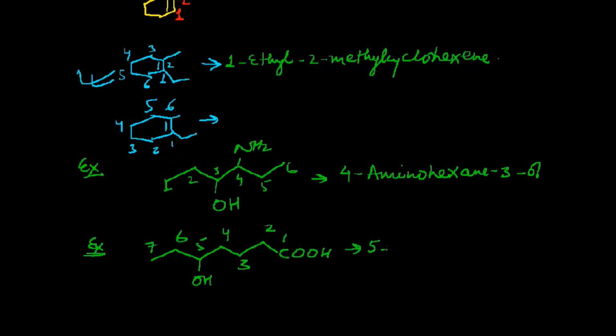Now remember, when OH is present as the principal functional group, it is ol. When it is present as a substituent, then it must be hydroxy. So it is 5-hydroxyheptanoic acid.